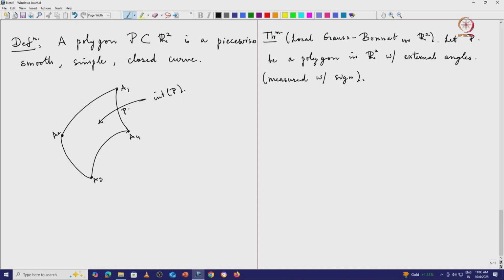So what do I mean by measured with the right sign? Let's look at the external angles here.